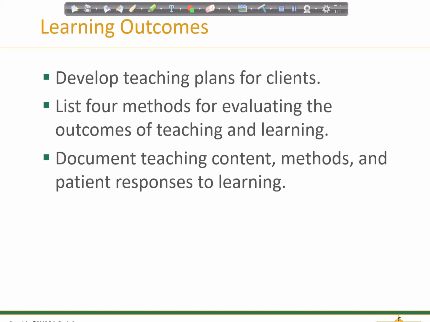And we're going to develop teaching plans, methods of evaluating outcomes, how to document teaching content.